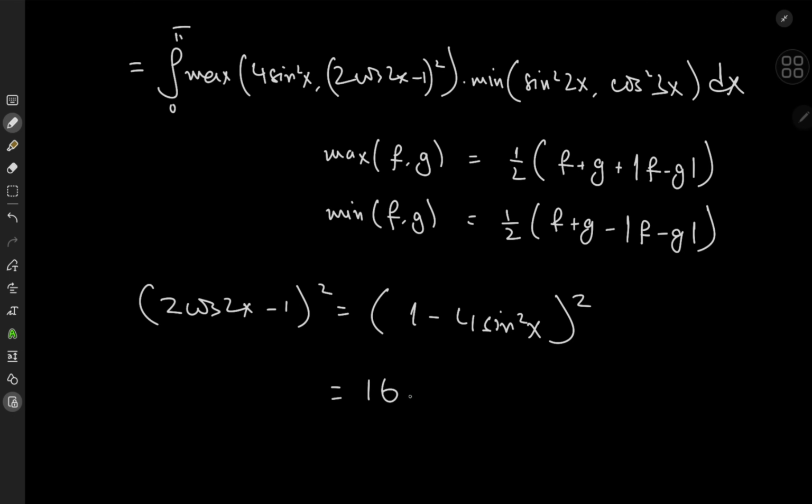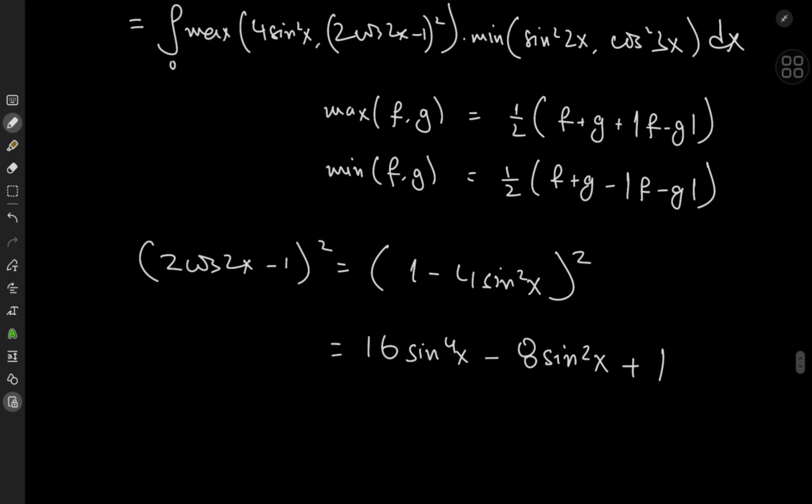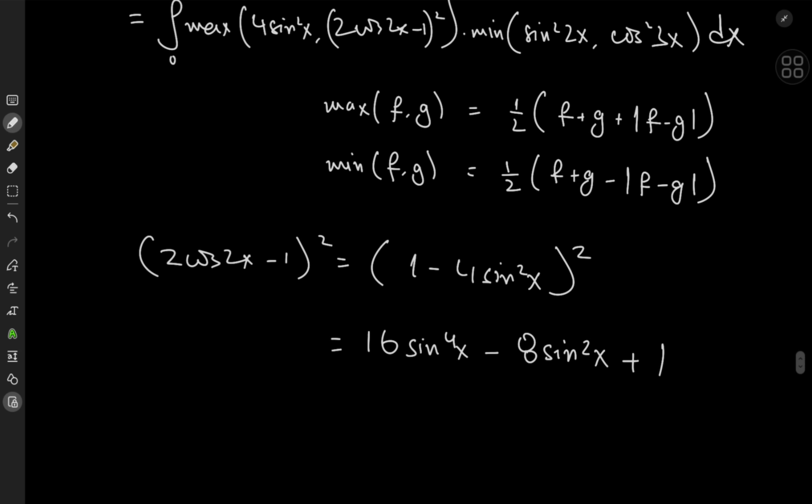Okay, cool. So that is 16 times sine to the 4th power of x minus 8 times sine square x plus 1.